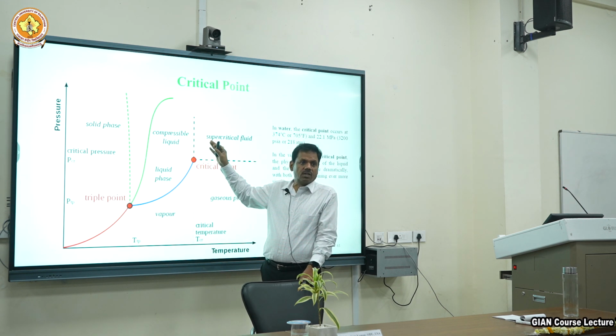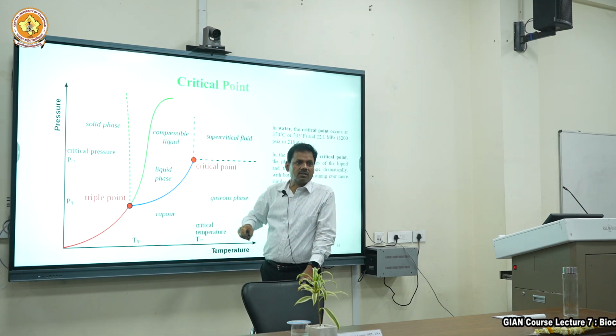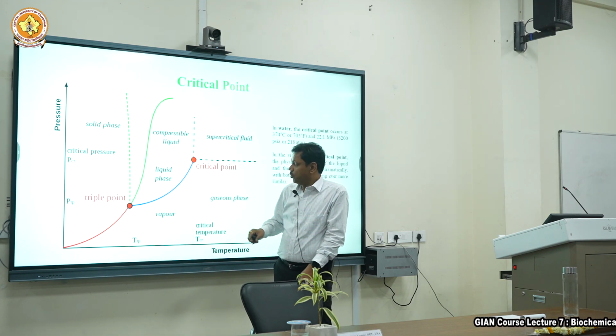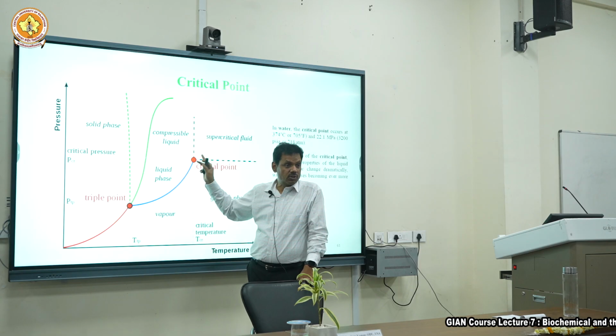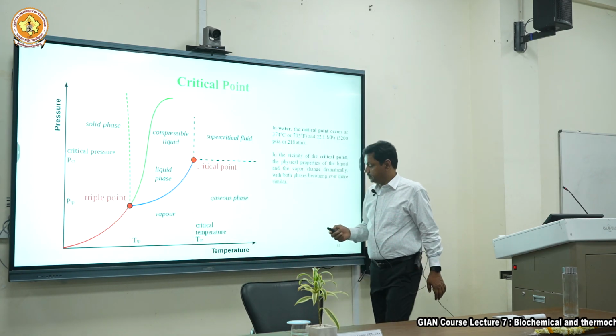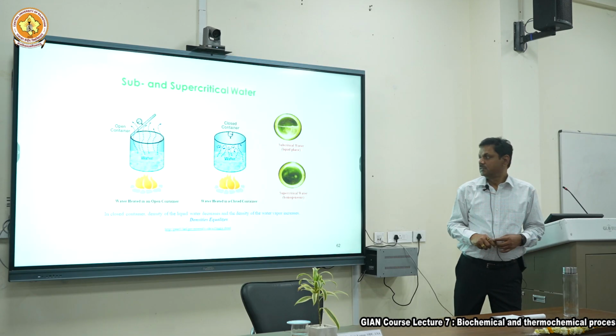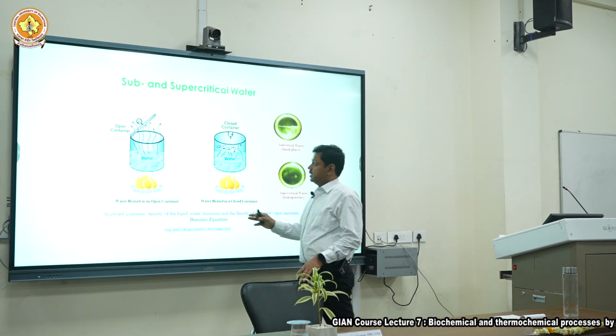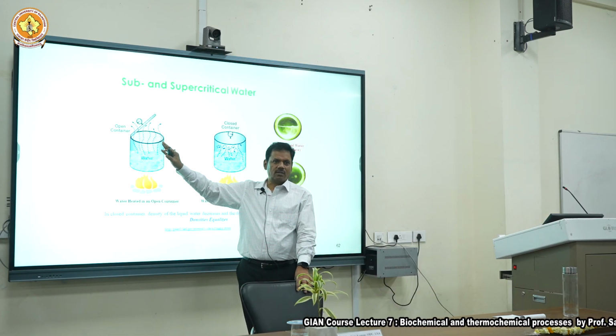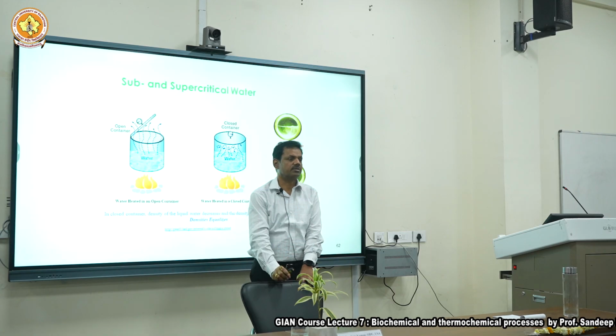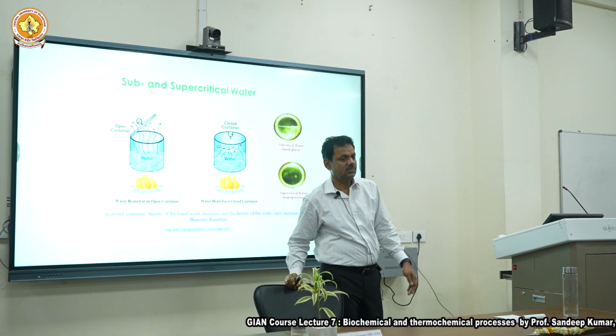Above 374 under pressure is called supercritical. Okay. Boiling point is here, critical point is here. So imagine you have water in a container and it's not closed. You heat it, what happens? The steam gone.